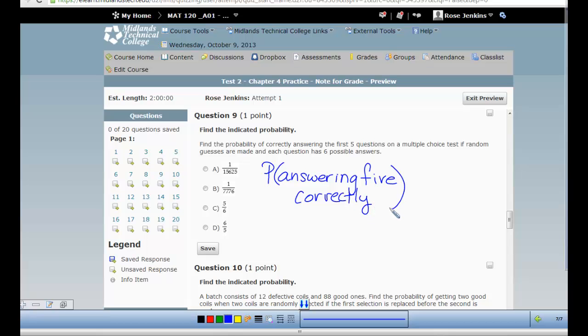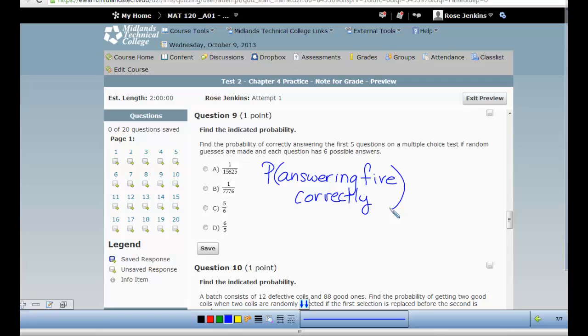A couple of ways I can approach this problem. I could try to use some of my probability rules, or I could possibly use some of my counting rules. It just depends on how you think about it. But let's go the probability route first. So I'm answering all 5 correctly.